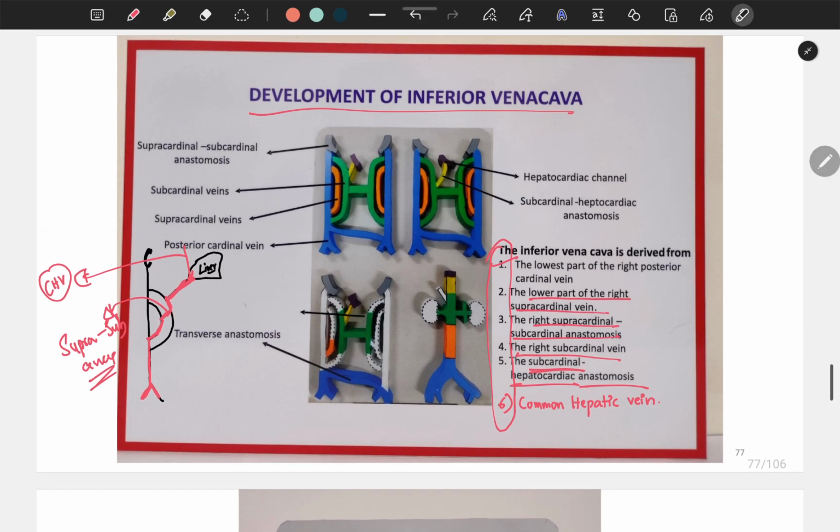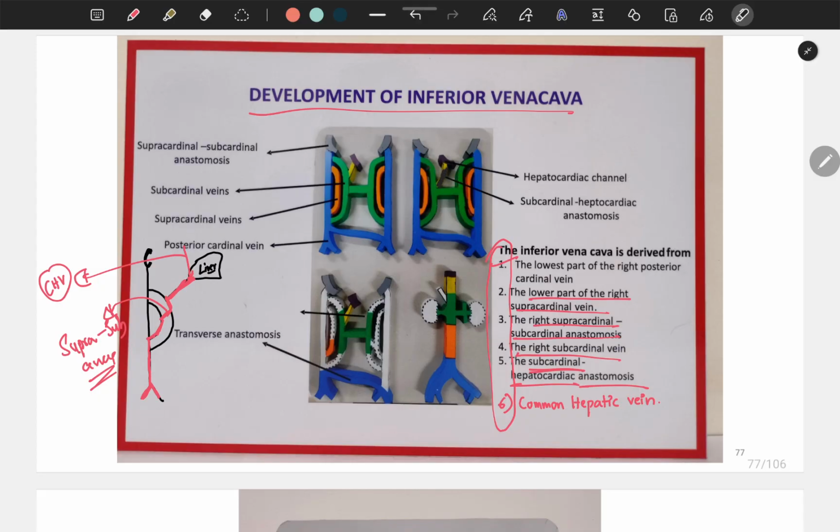In the labeling also they have given the same. This is supracardinal subcardinal anastomosis. Between these two there will be anastomosis, that they have shown here. Okay. Subcardinal vein, supracardinal vein, posterior cardinal vein, right side. And this is hepatocardiac channel.